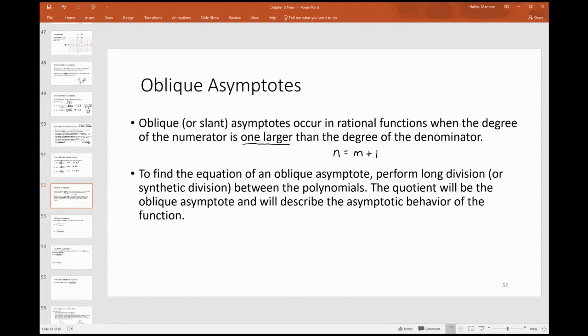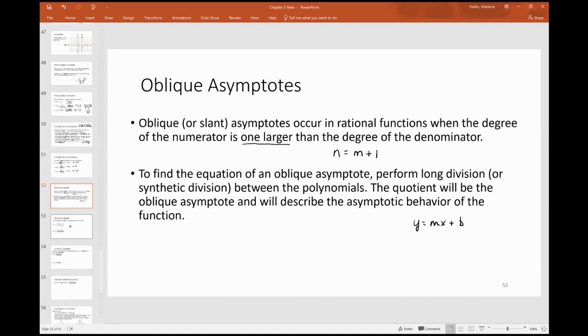Okay, that will divide the numerator by the denominator. The quotient that's left after we do that long division is going to be a linear function, right? Or it's going to be a line, mx plus b. That line is going to be the oblique asymptote.